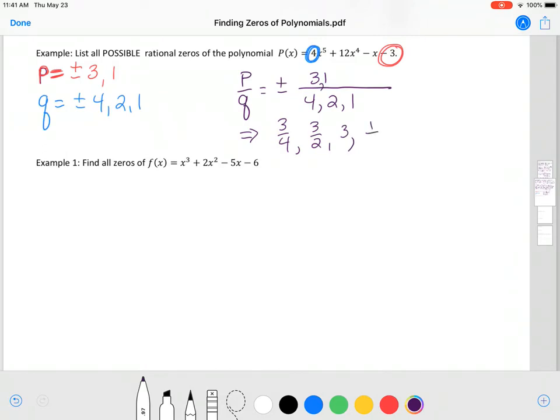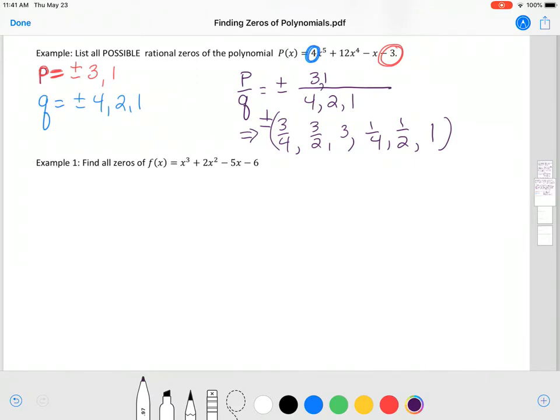Then I could have 1 over 4, 1 over 2, or 1 over 1, which is 1. And of course, all of these could be plus or minus. So I have 1, 2, 3, 4, 5, 6. So I have 12 possibilities because for each one I have plus and minus of those.